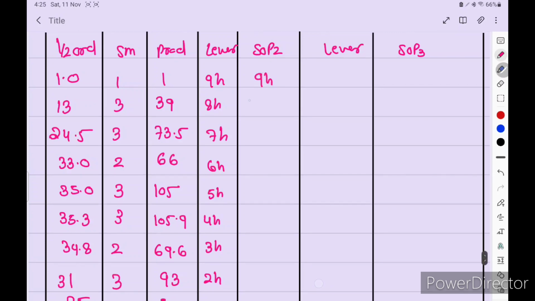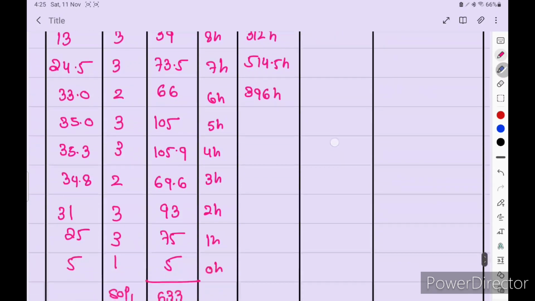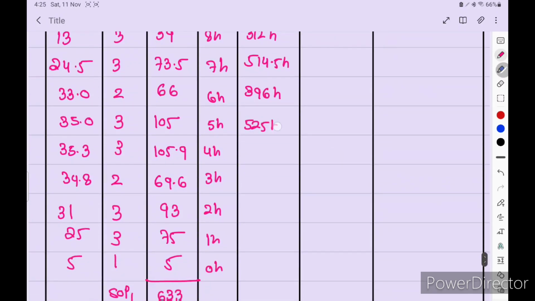So the products: 39h, 147h, 132h, 315h, 423.6h, 208.8h, 186h, 75h, 0. Then again lever.